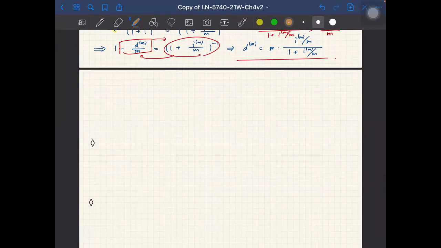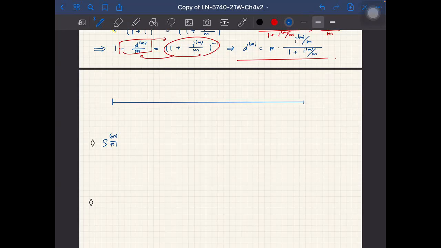Okay, so now we can also define s angle n and s double dot angle n superscript m. First, s angle n superscript m is the accumulated value. If we make a time diagram, s angle n superscript m is at time n.